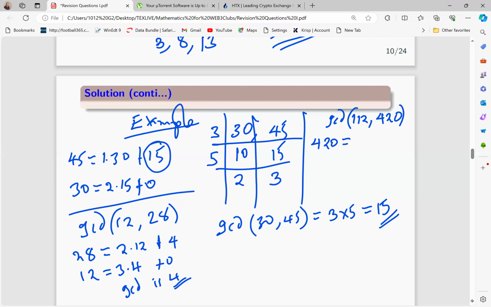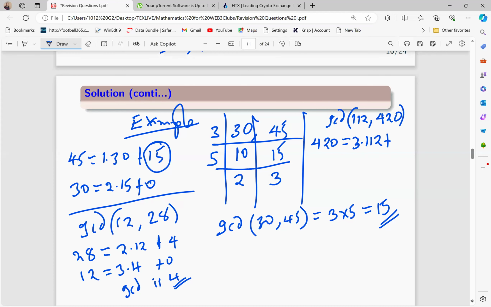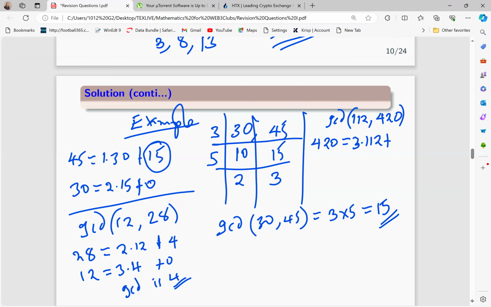Or is it 4 times? 3 times. And the remainder of what? Because this is 336. The remainder is 84. Then you ask yourself, what about 84 into 112? Once. What is the remainder?